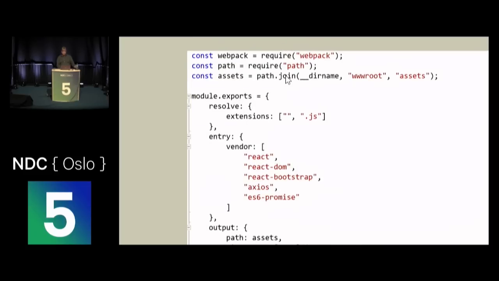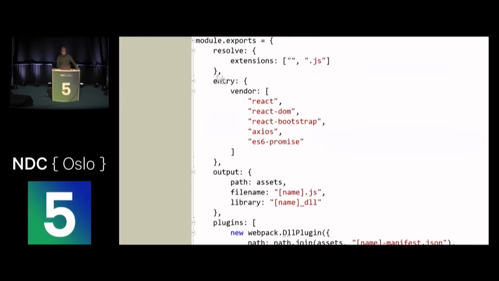This is an example of a Webpack configuration file where I'm basically saying I want to build an entry. So I want to build a file called vendor that consists of all the modules for third-party code that I use: React and React DOM and React Bootstrap and Axios and ES6 Promise.